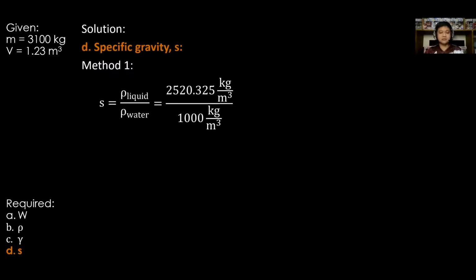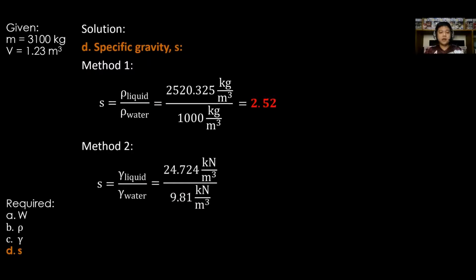Cancel out all the units. S is equal to 2.52. While for method number 2, we will now consider the values of the unit weight. So for the unit weight of the liquid, that is 24.724 kilonewtons per cubic meter, while the reference unit weight of water is 9.81 kilonewtons per cubic meter. And cancel out all the units. S is equal to 2.52.